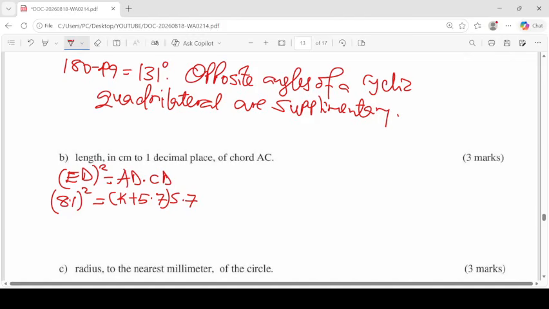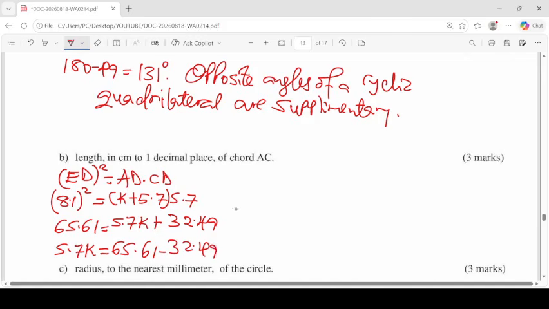So when you have 8.1 squared, this is 65.61, is equal to 5.7K plus 5.7 times 5.7, you get 32.49. So this means 5.7K is equal to 65.61 minus 32.49.